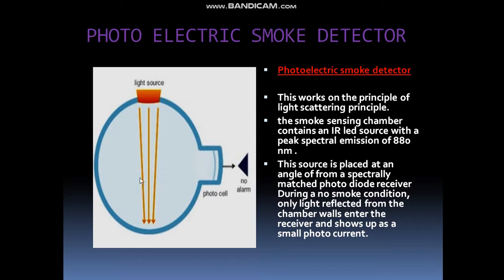That means when no smoke is present, only light reflected from the chamber walls enters the receiver. Here the photocell is the receiver and a photocurrent is produced. So when there is no smoke inside the chamber, the reflected light is received by the photocell and converted into an electrical signal.